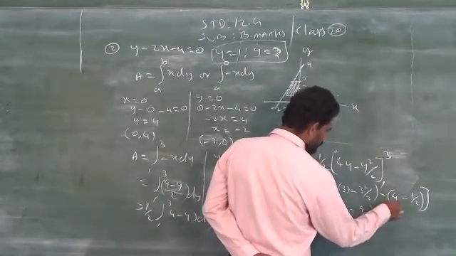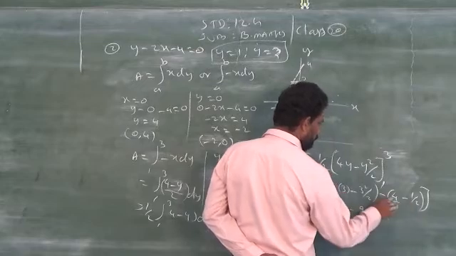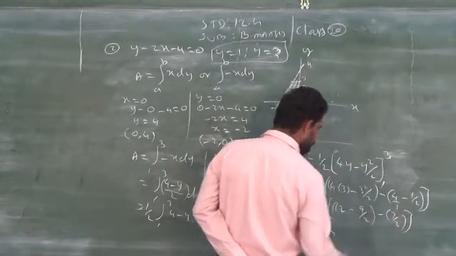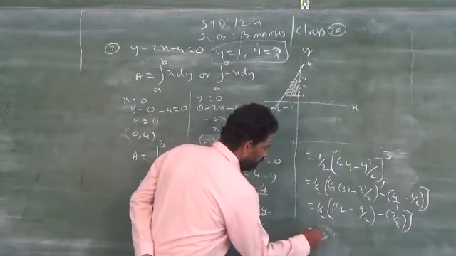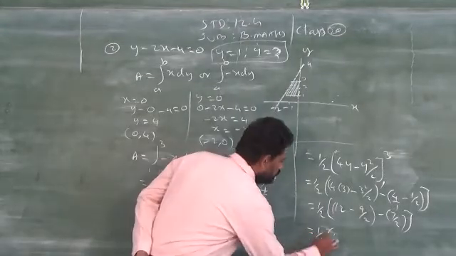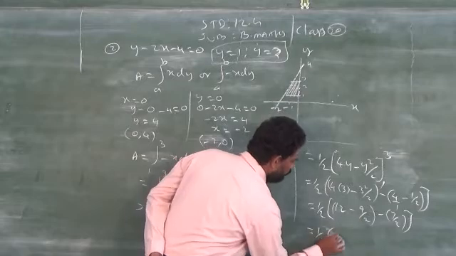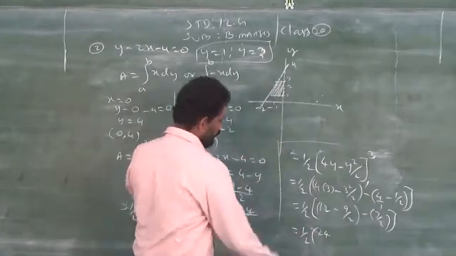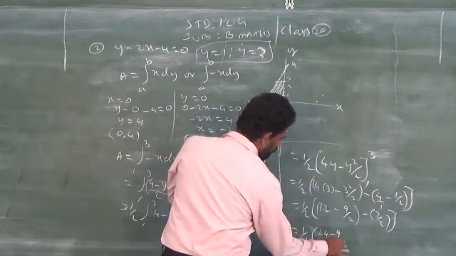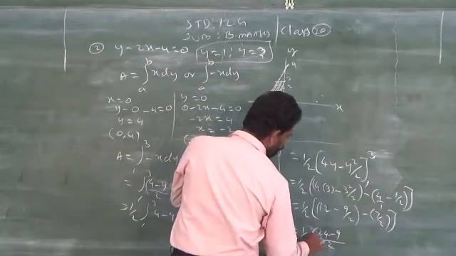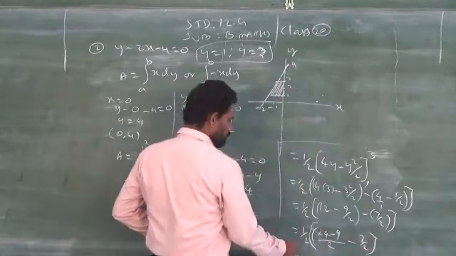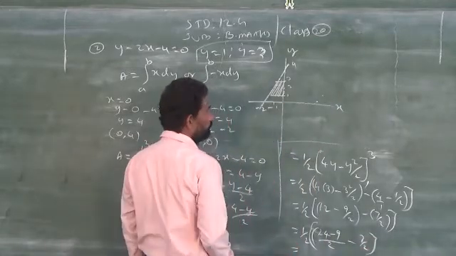Simplify by taking denominator 2: 2 4s are 8, 8 minus 1 is 7, 7 by 2, close the bracket. Similarly, simplify the first: 24 minus 9 by 2, minus 7 by 2. So 1 by 2.